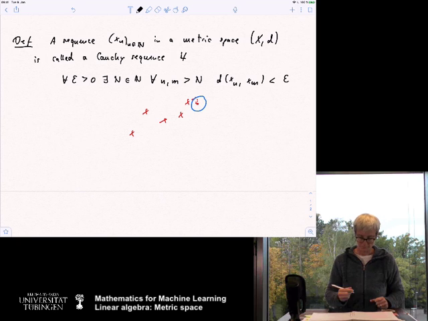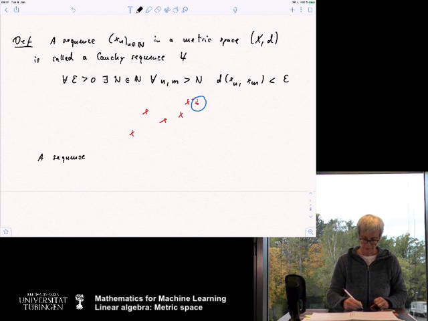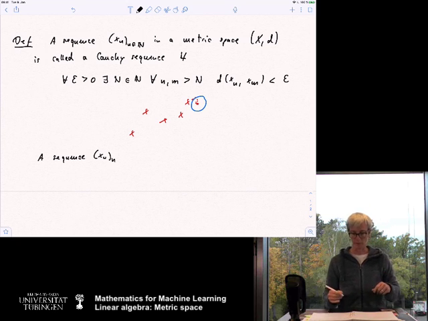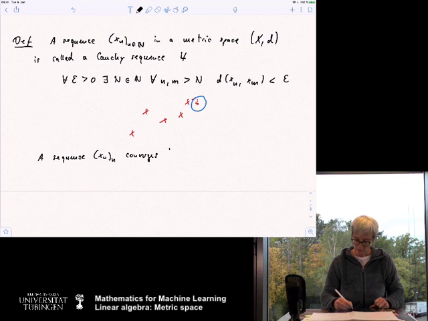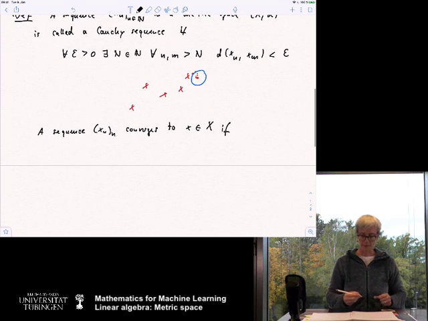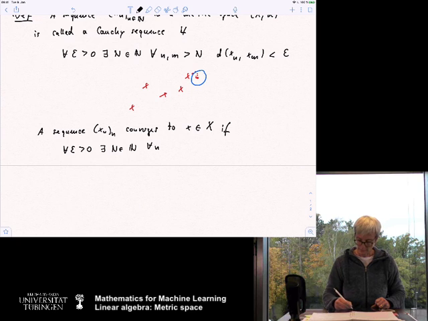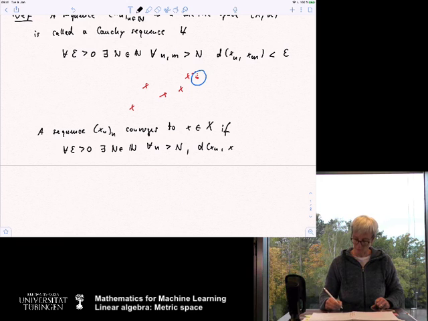A sequence xn, also in the metric space, converges to some point x in the metric space if, now we have a statement that's very similar, for all epsilon larger than 0 there exists an N in the natural numbers, such that for all n larger than N the distance between xn and this limit point x is smaller than epsilon.